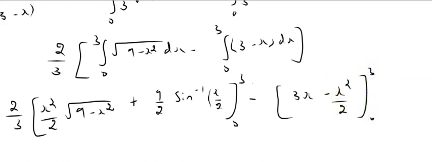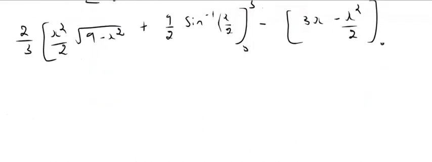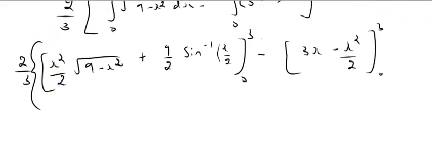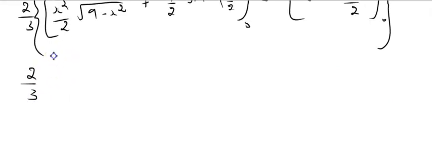Now applying the limits, 2 by 3 is a common factor for both, so don't forget that. Put it within the brackets like this. So 2 by 3 into, on applying the limits, first the upper limit 3: 3 into root of 9 minus 9 will give you 0, so obviously the first term is now going to become 0.